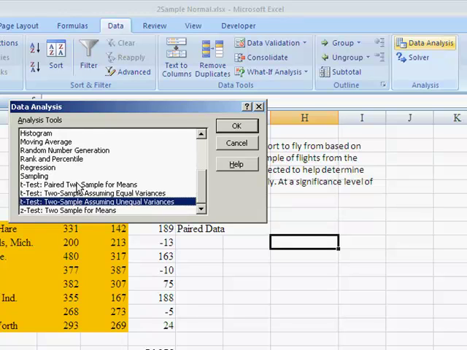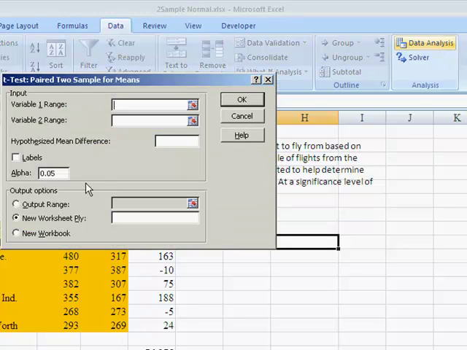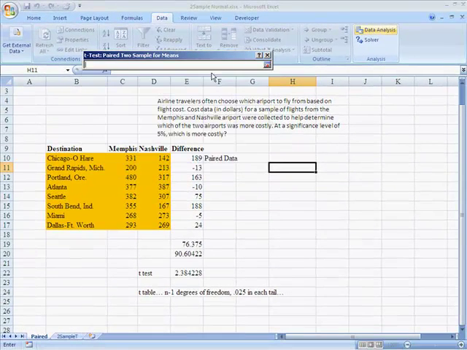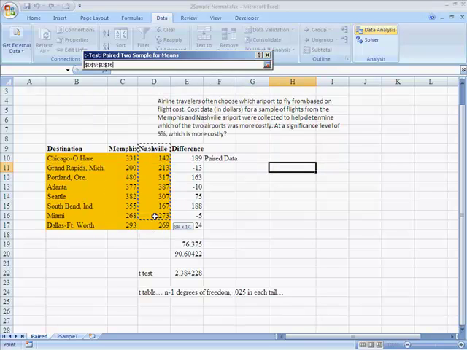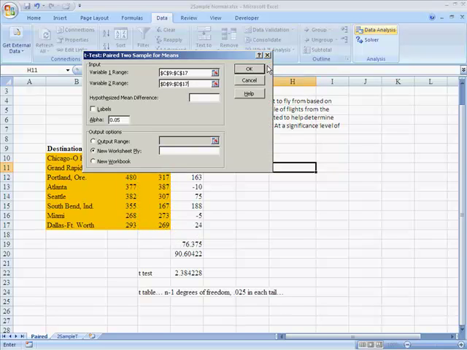Because if you take a look, here's paired two sample for means. And now what have I got? Well, I'm going to want my two groups of data. The only restriction here is to make sure that the data is picked up so that each row is a single flight destination in this case. In other words, a single thing being tested twice.